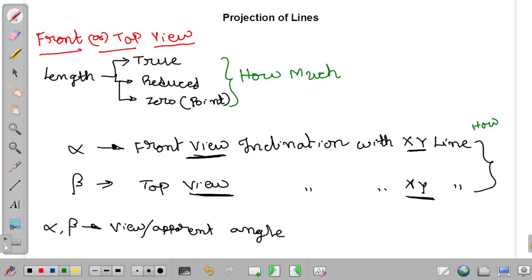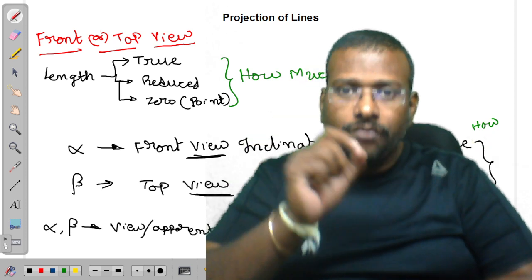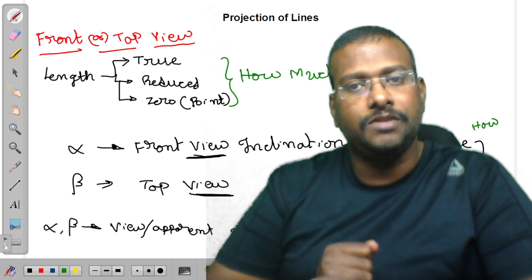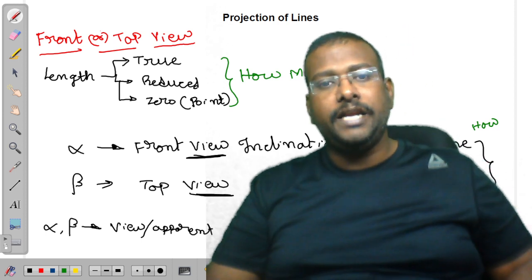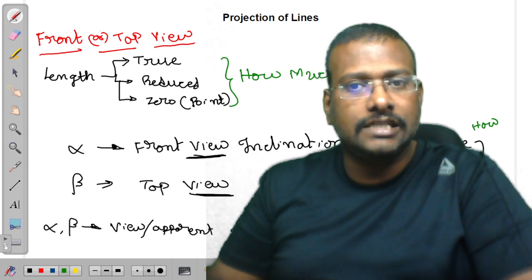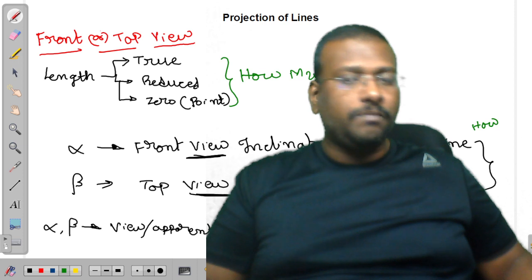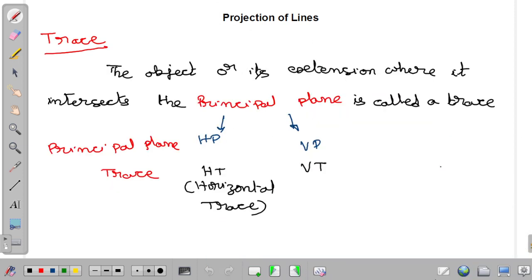Here alpha is the angle made by the front view with the xy line. Beta is the angle made by the top view with the xy line. So alpha, beta are called view angles or apparent angles. Now apart from this we should be aware of the trace. So what is a trace?